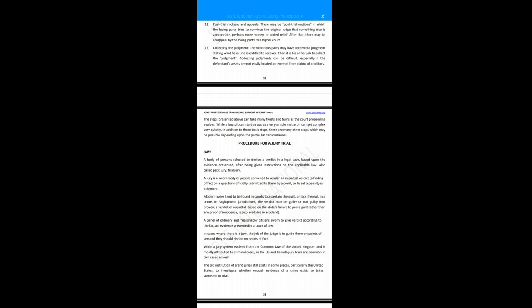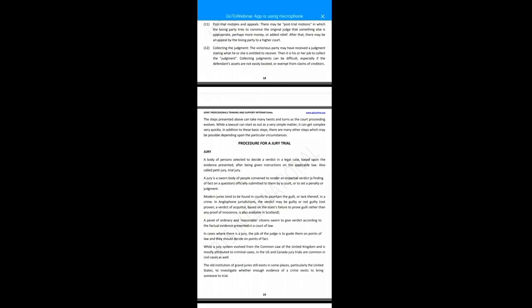In Anglophone jurisdictions, the verdict may be guilty or not guilty. So a jury is a panel of ordinary citizens sworn to give a verdict according to the factual evidence presented in a court of law.